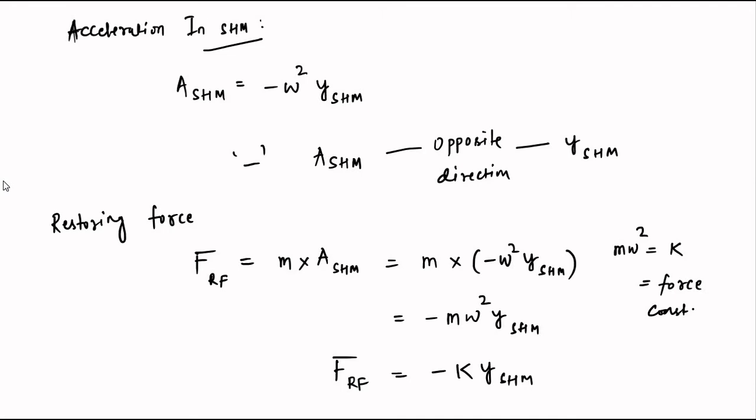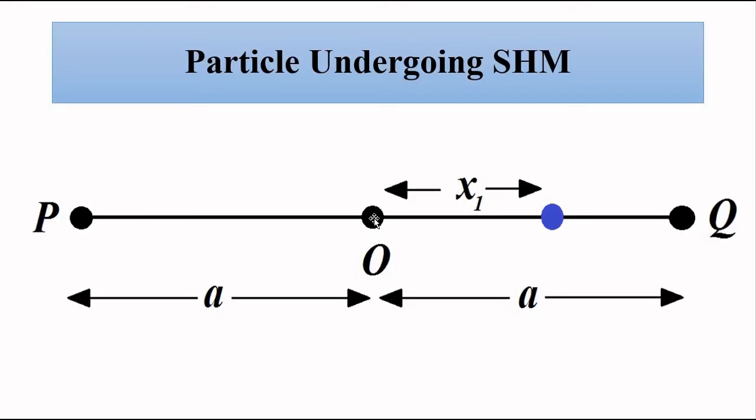So this restoring force is the reason why simple harmonic motion occurs, because whenever the particle moves away from the mean position or the center position, either to the left or the right, the restoring force tries to bring it back to the mean position, the reference position, and in the process it again goes away from it, again it tries to bring it back, again it goes to the other extreme, again it tries to bring it back.